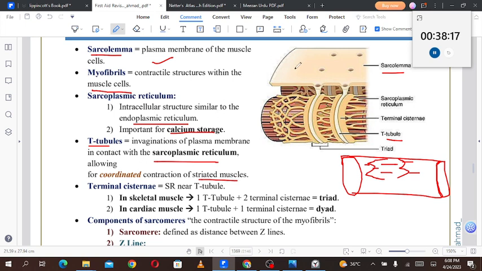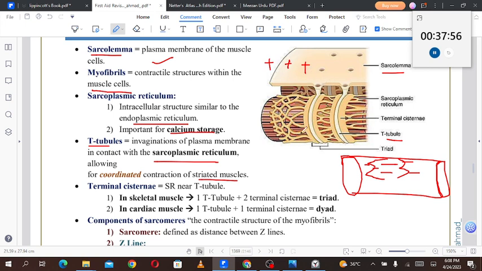But here you can see, suppose that this is the surface of a myocyte. Suppose we are talking about a single cell. In that particular cell, when the impulse was coming, suppose this is the impulse.